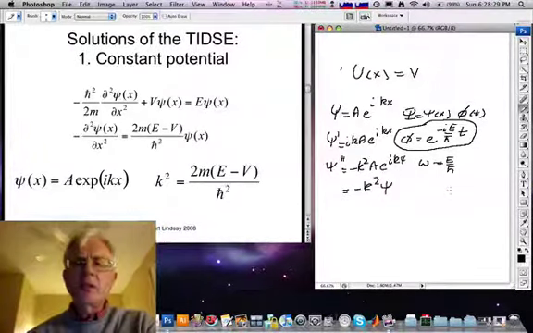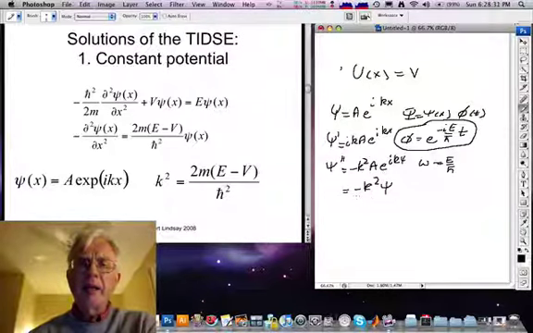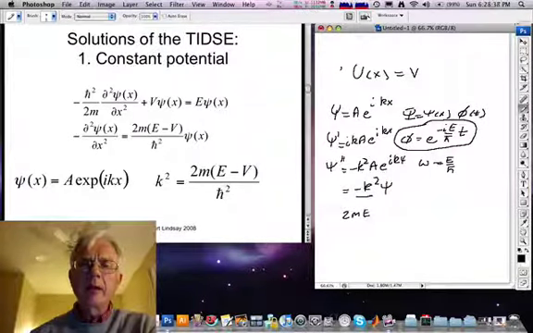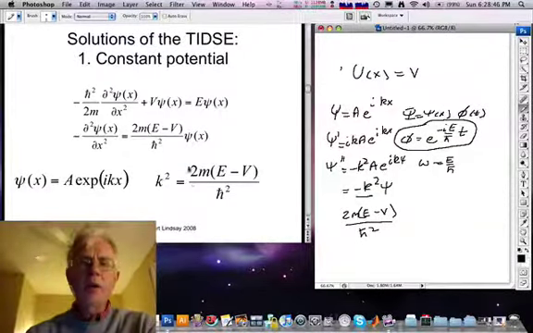So indeed this does solve the Schrödinger equation, providing that minus k squared here is equal to 2m (E minus V) over h bar squared. There's a minus on this side of the equation, so actually this whole thing is just equal to k squared.